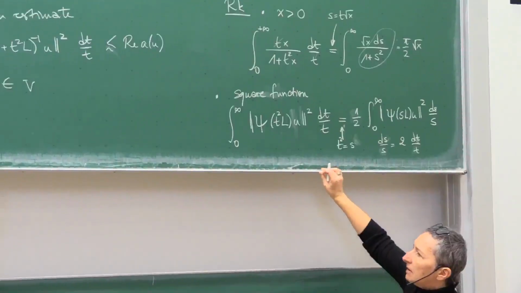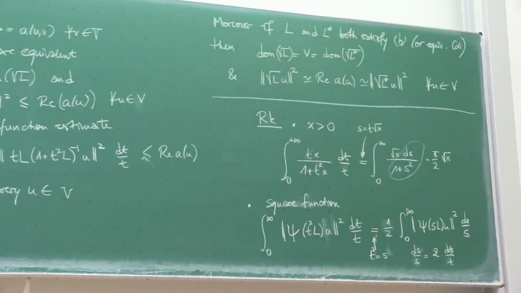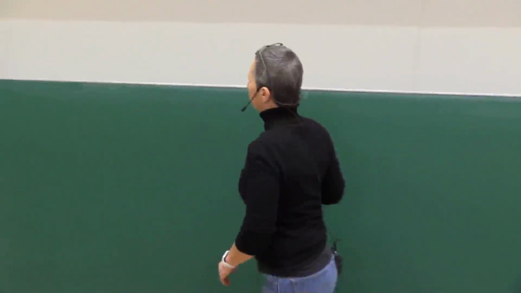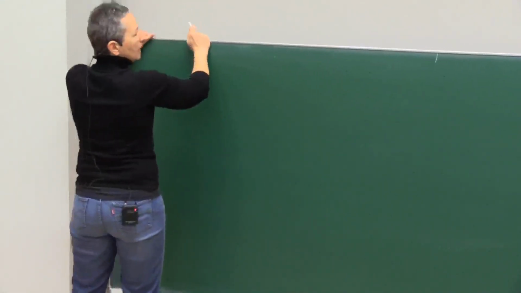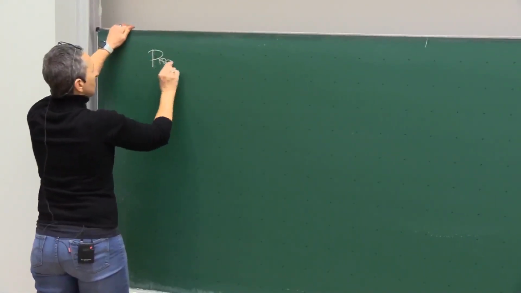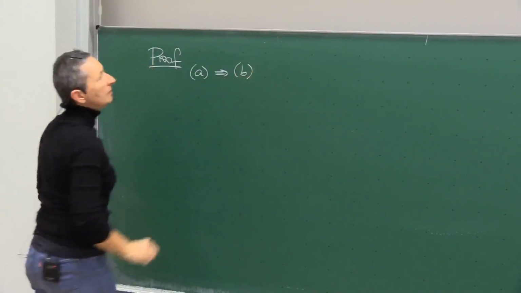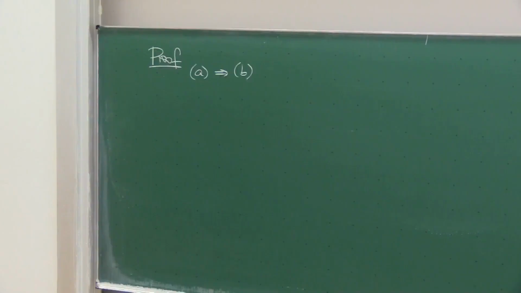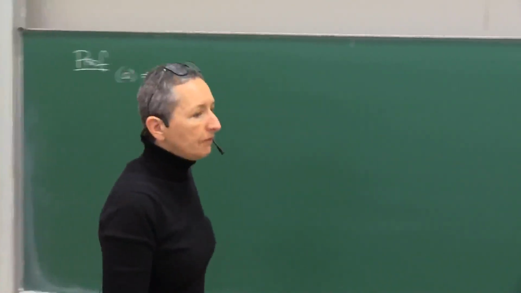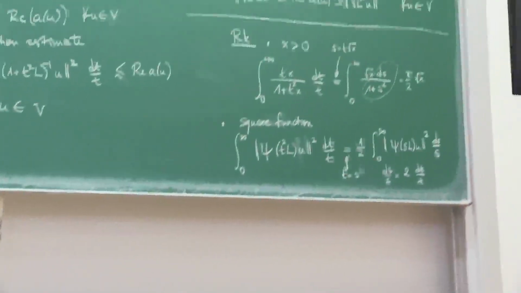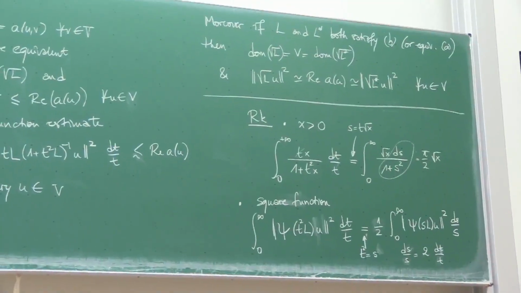Okay, so now the proof. So A implies B, right? So we assume that we have the first estimate, and we want to get to the square function estimate. Okay, so what can we write?